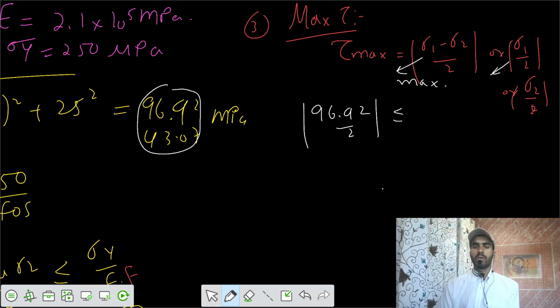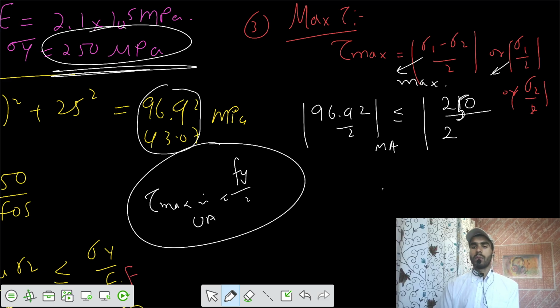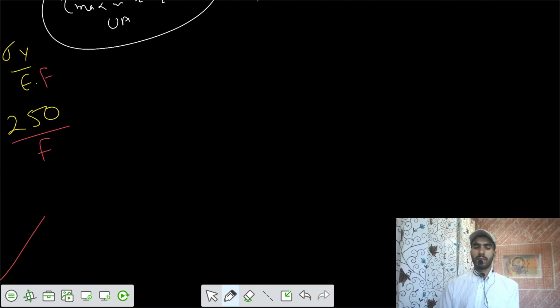Tau max in multi-axial loading should be less than or equal to tau max in uniaxial loading, that's sigma y by 2, 250 by 2 megapascal, and you have some factor of safety also. So you get a factor of safety less than or equal to 2.57.